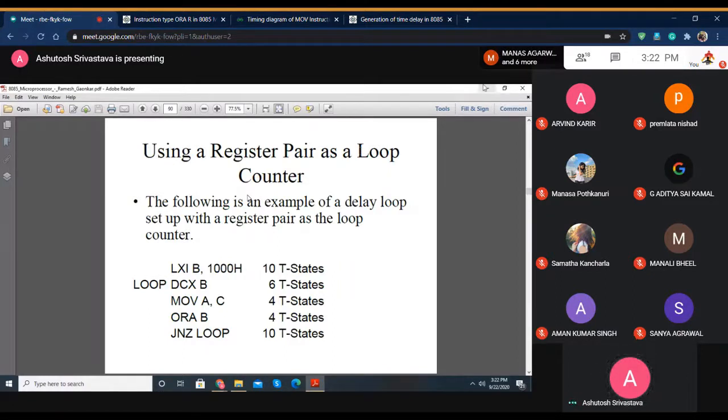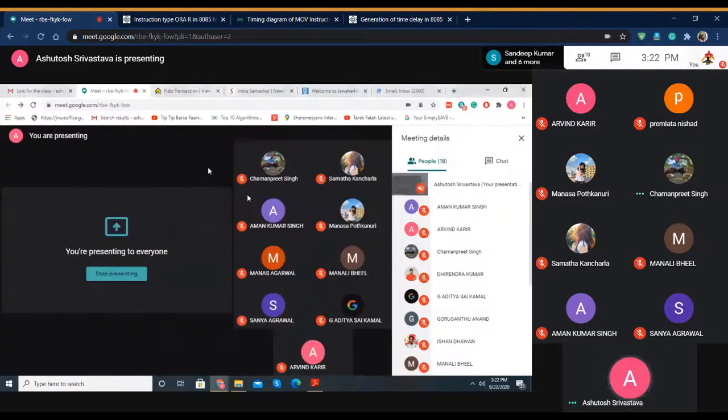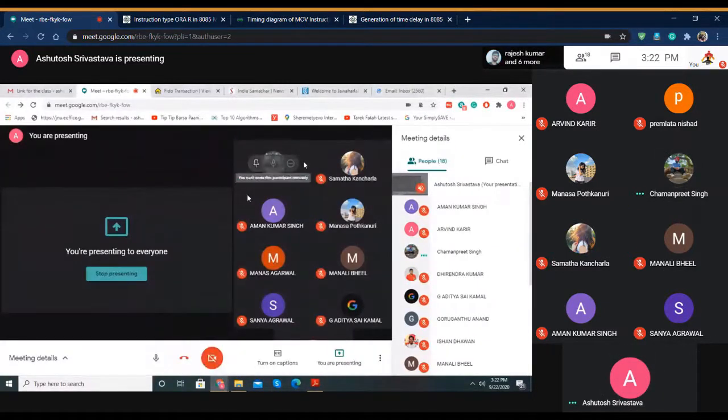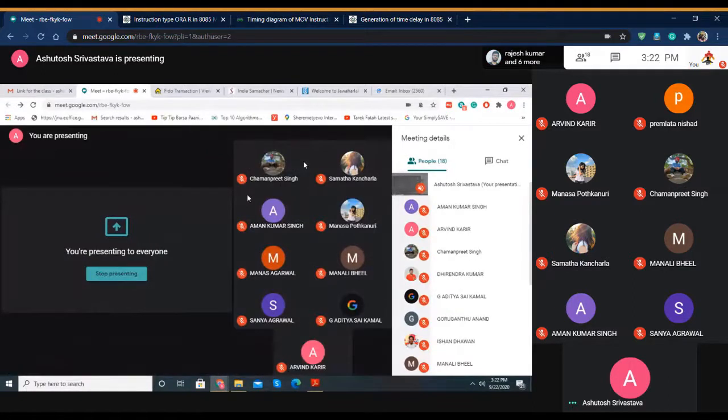Chamanpreet, done? No, sir, doing it. Samatha, I think some students who had logged in before are either not able to log in again or have logged out, or maybe logging in at a later stage when the class is over.